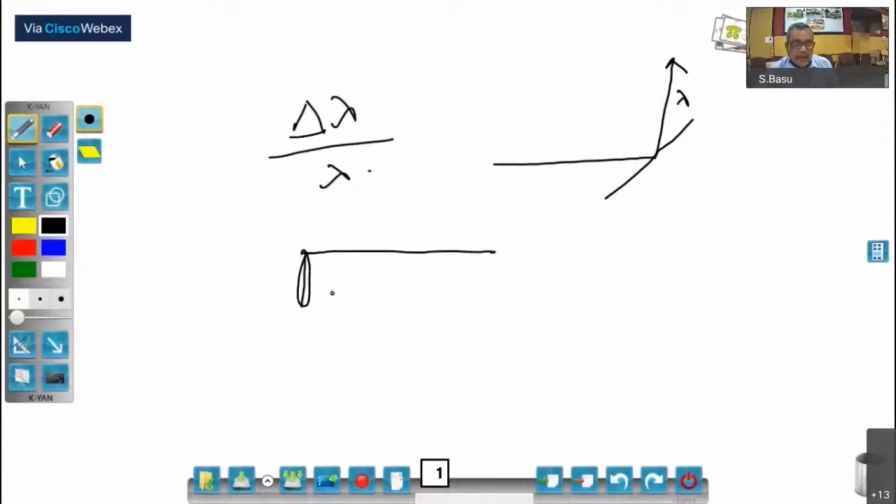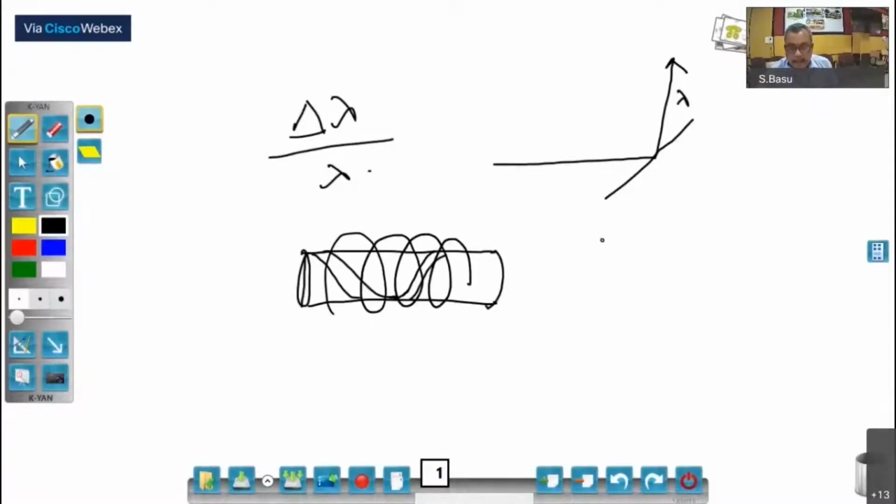It's a cylinder, on the surface of which you have made a spiral. My drawing is not so good. There are spirals going round the surface of the cylinder, and there is not one spiral, but a series of spiral slots in this velocity selector.